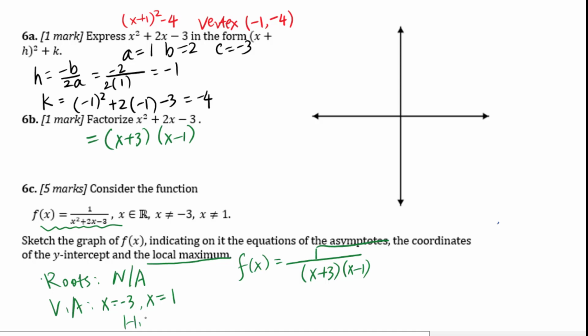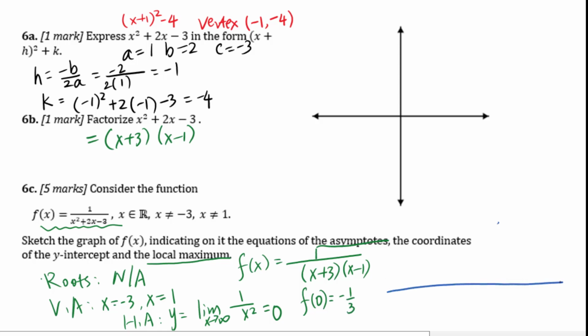For the horizontal asymptote line, we will use a limit. As x approaches infinity of f of x, we will use 1 over x squared. That equals 0. For the y-intercept, f of 0 equals negative 1 over 3. Let's sketch this sign diagram.